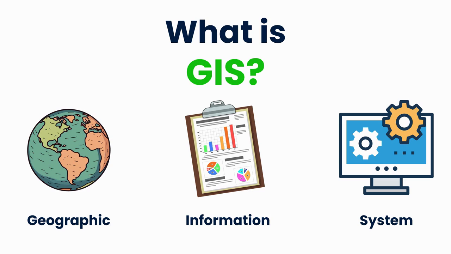I know at first this sounds like a technical term, but it's actually very simple. Instead of memorizing its name, let's break it into three simple words: geographic, information, and system. Once we understand these three words, GIS will automatically make sense.